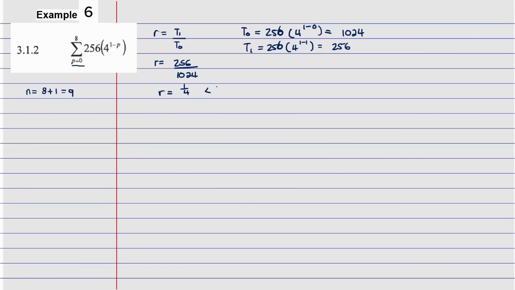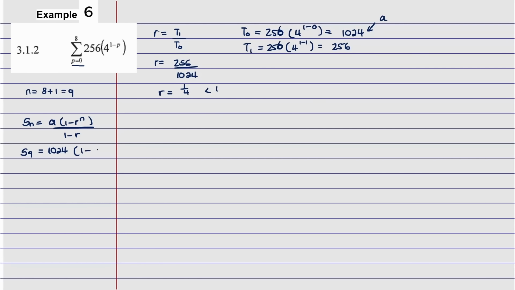1 over 4 is less than 1, meaning we're going to use this Sn. So Sn is equal to a(1 − r^n) divided by 1 − r, right? Now we're looking for S9, and we're going to substitute everything, a and r. Remember, our a is our t0, the first term, so it's going to be 1024.